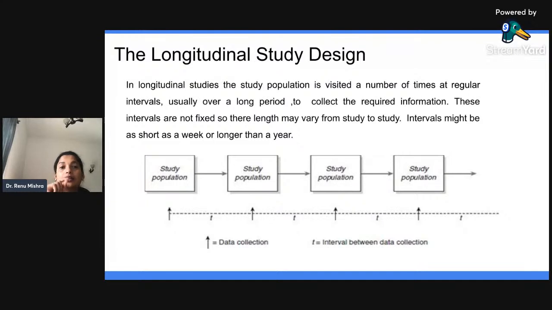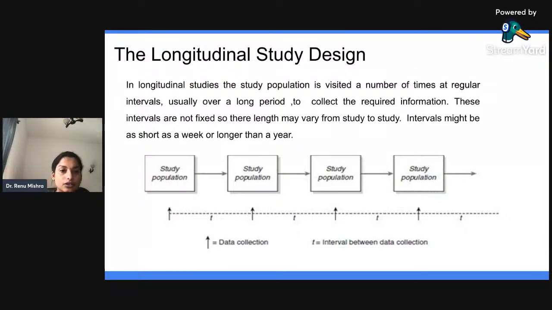The word longitudinal itself explains it: long. You are visiting the same population for a long time, at regular intervals. Just fix this in your mind.